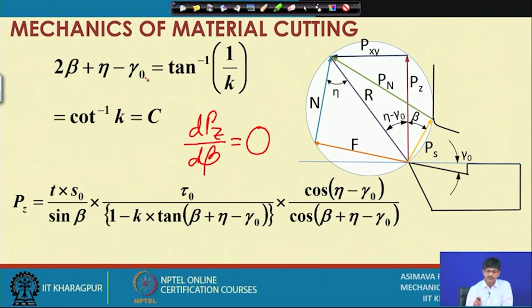So, that is equal to tan inverse 1 by k, which is equal to cot inverse k, which is equated to a constant C, which is called the machining constant in some literature. So, that ultimately we can replace the relation between these angles in this expression.